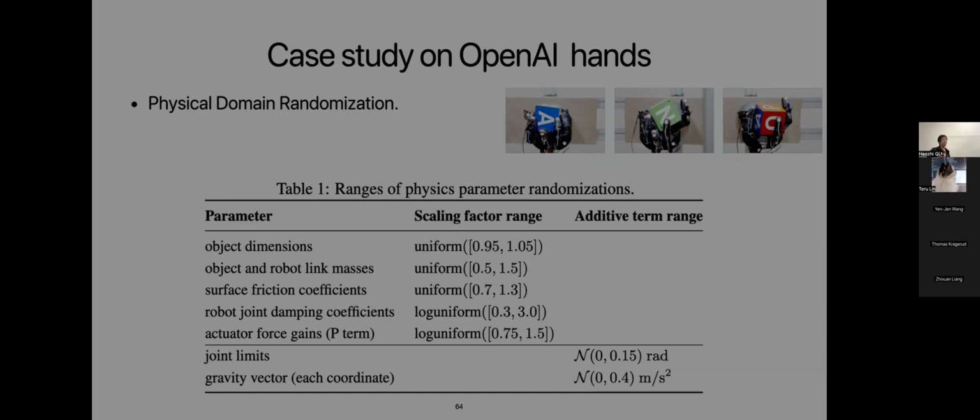But this actually doesn't work well, for a lot of different reasons. For example, because of the limitations of simulation, even if you define the physical parameters such as mass and friction to be the same, the dynamics of the objects might not be the same as in the real world because of a lot of the simplifications we mentioned in the previous slides.